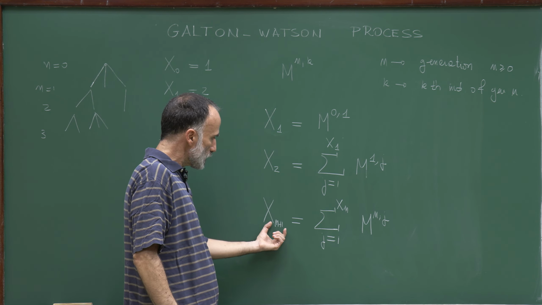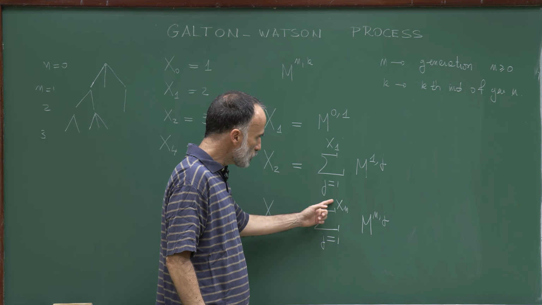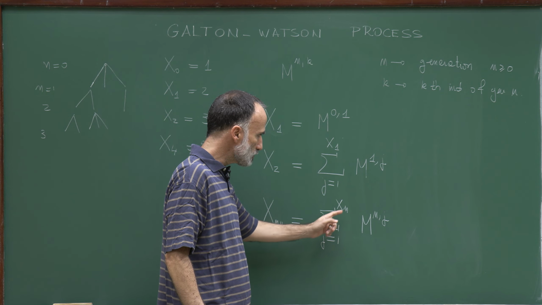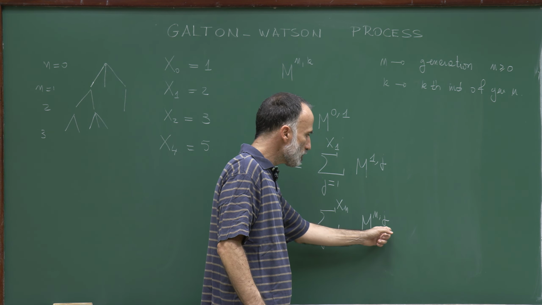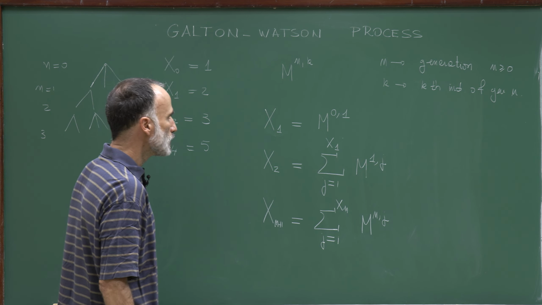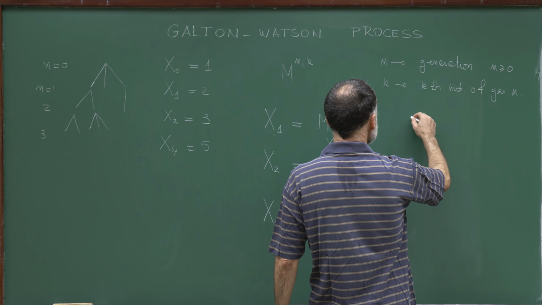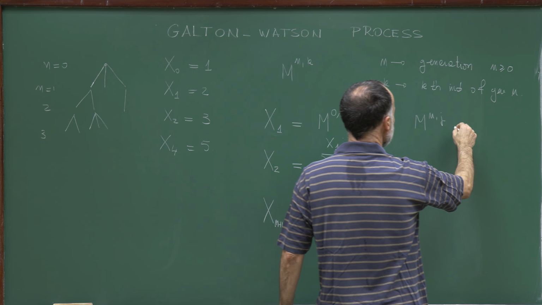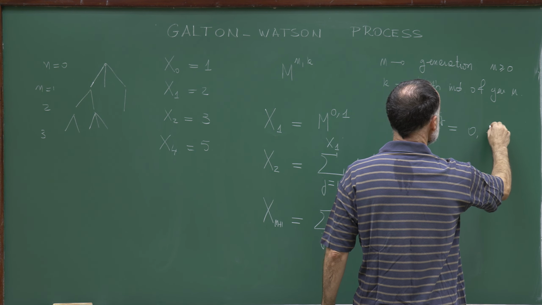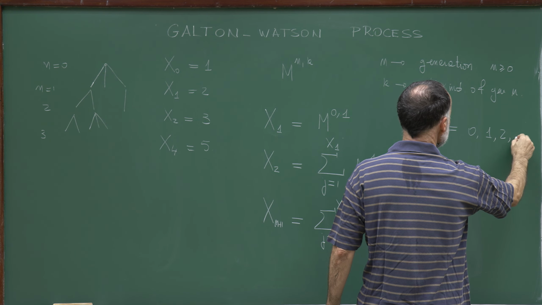To obtain the number of individuals at generation n+1, I count over all individuals of generation n, and for each individual, I sum the number of offsprings of this individual. So, of course, these random variables m_{n,j} will take the values 0, 1, 2, and so on.